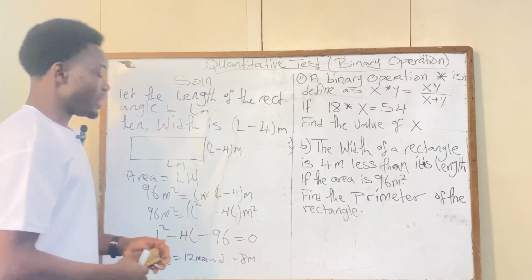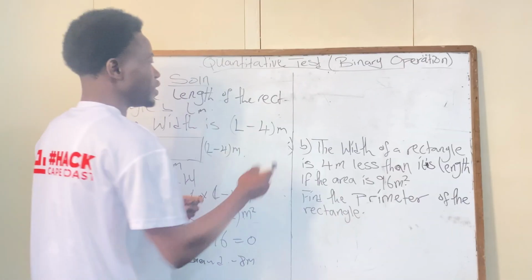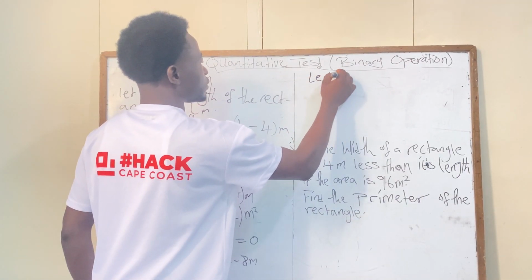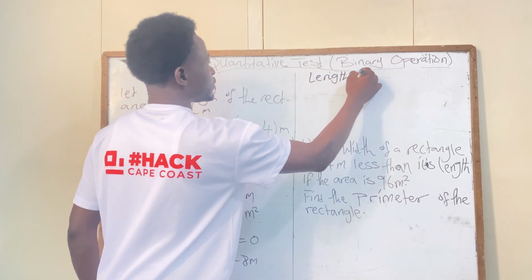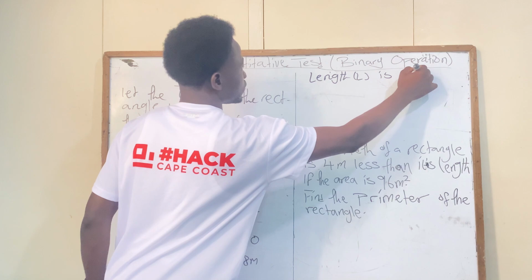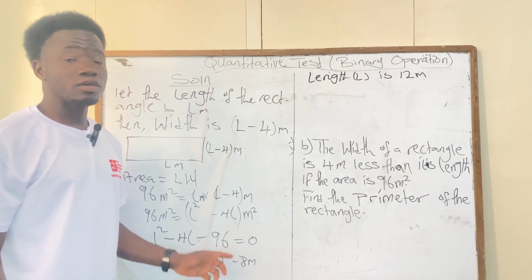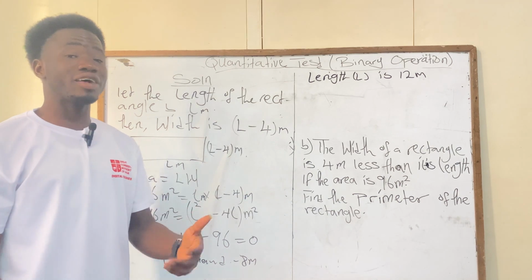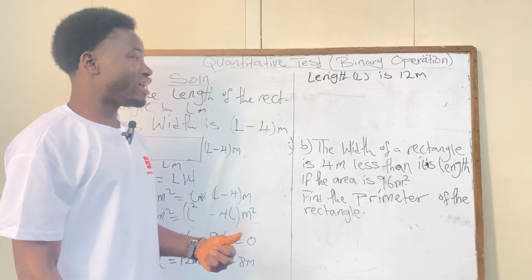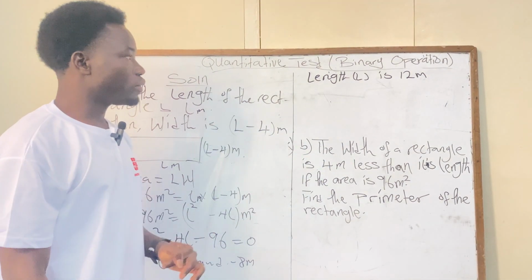So therefore the length L is 12 meters, because again we don't have the negative length, because once you have measured, you must either get 0, which means there's no length, or you get a real figure which is positive but not negative.